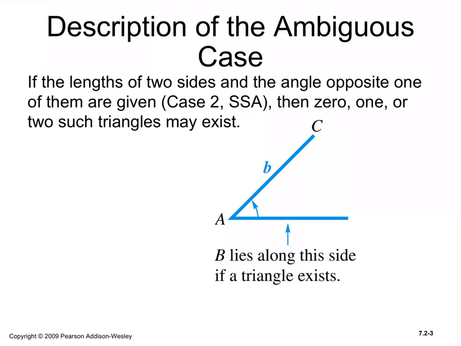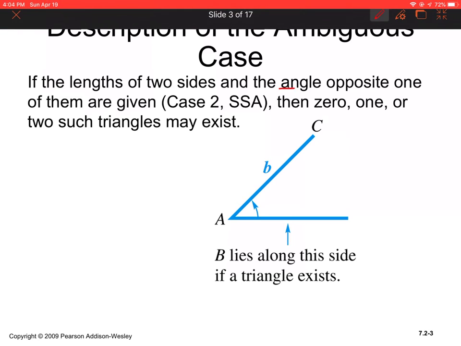So let's describe that ambiguous case. It says if the lengths of two sides of a triangle and an angle that's opposite, notice we're not looking at the angle being in between those two sides. It's not SAS. So we have a side, here's the angle, and we have this other given side. And the question is, does this side exist?